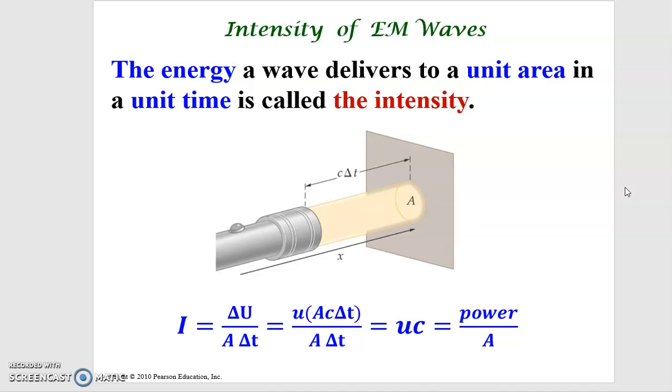Power is the energy given within a certain period of time. Therefore, delta U divided by delta T is actually the power, the definition of power. So for this reason you can also rewrite the intensity in terms of power divided by the area.